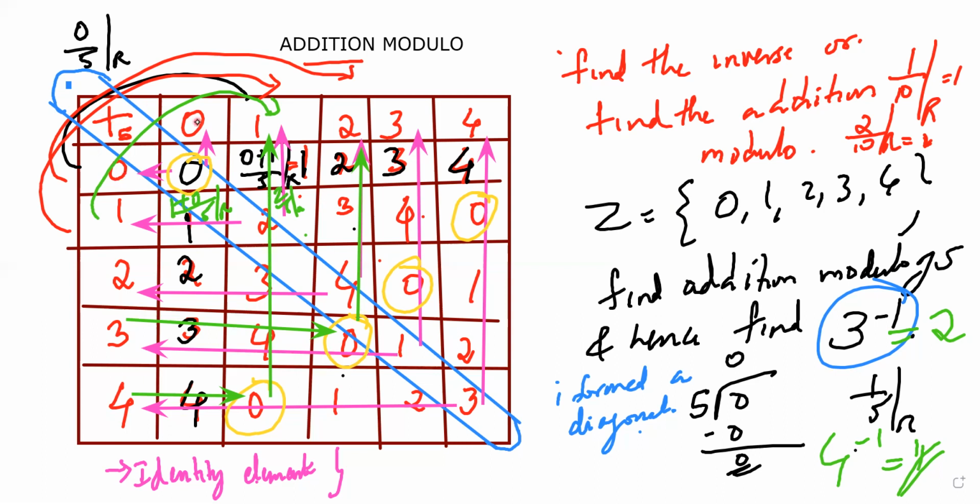Multiplication is 0 into 0 by 5. That's it. Everyone understood the difference between addition modulo and multiplication modulo? In addition modulo I will do 0 plus 0 by 5 or 0 plus 1 by 5. In multiplication, instead of addition, I'll put multiplication and find the remainder. That's the thing.